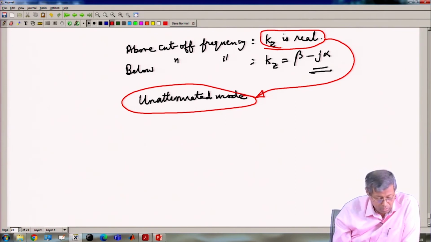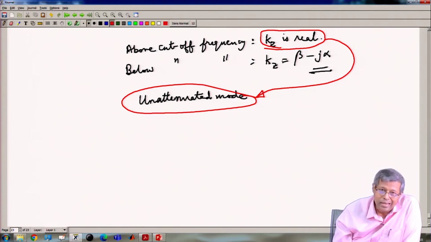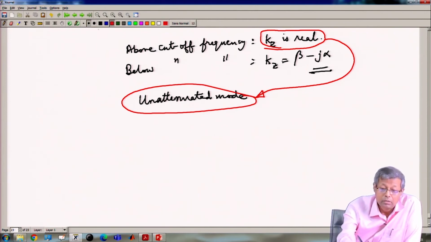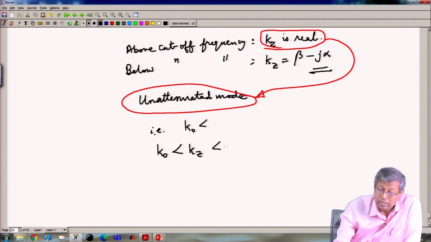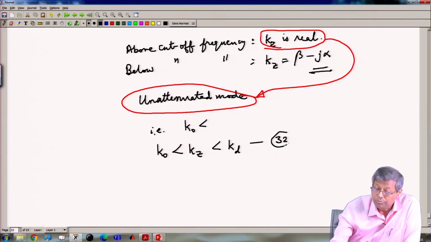So, the propagation constant or phase constant of an unattenuated mode will lie between the intrinsic phase constants of the dielectric and the air region. That is, we will have k 0 less than k z less than k d. This is equation 32.